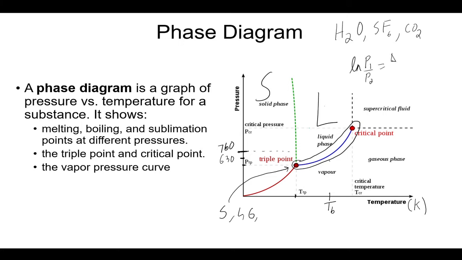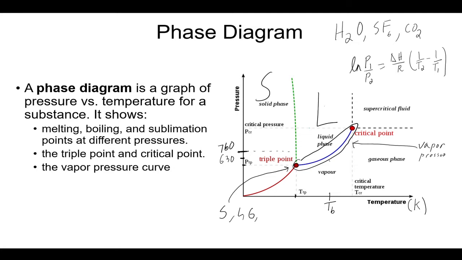So we had this exact relationship for two pairs of temperatures and pressure, but this functional form, this logarithmic pressure dependence as a function of 1 over T, well, essentially that is the shape of this curve. So this is the vapor pressure curve that we talked about in previous lectures.